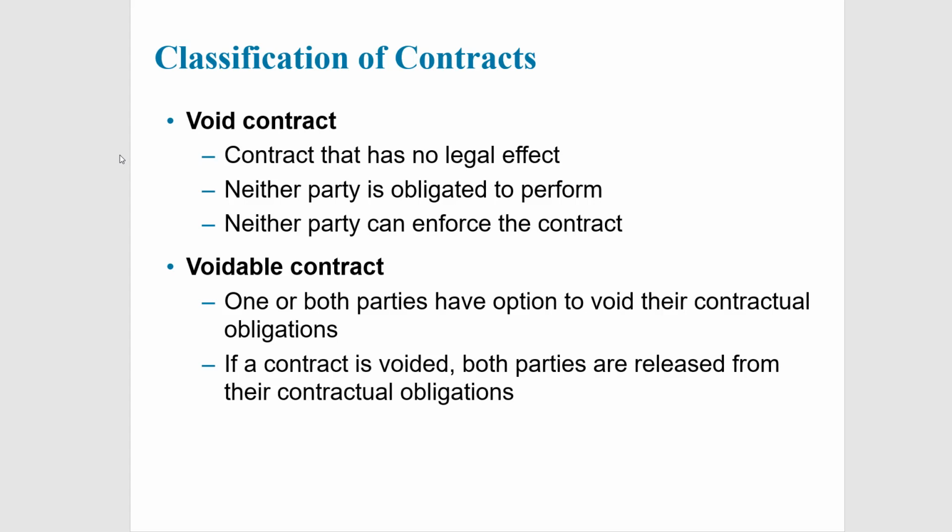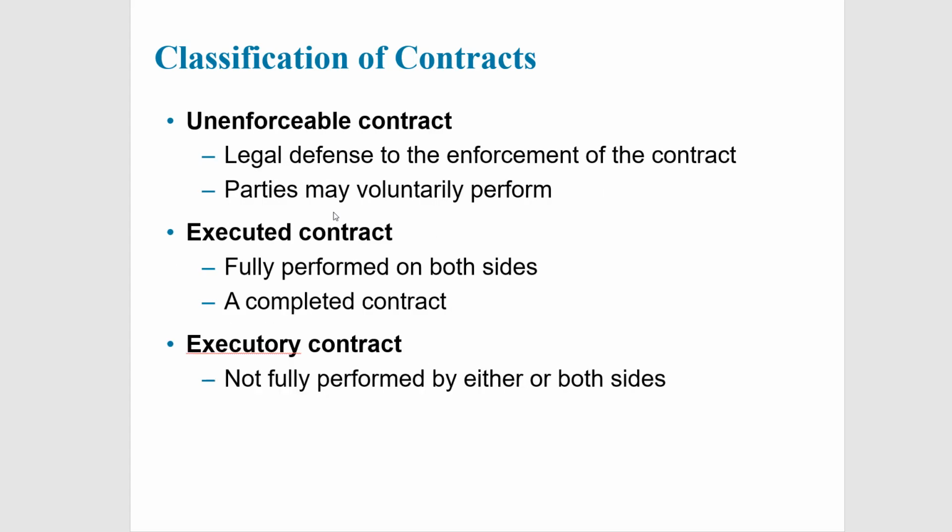Even if I show them the contract that I have, it doesn't matter. The contract is void. Voidable means that one party or both parties could potentially void the contract if they want, but they aren't under the obligation to. If they choose to stay in the contractual relationship, they can. We'll look at examples of those a little bit later.